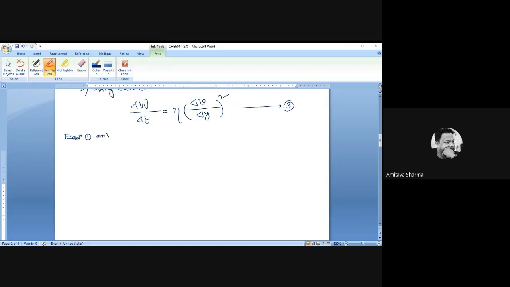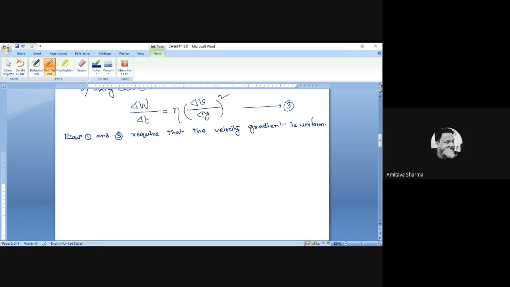Equation 1 and 3 require the velocity gradient to be uniform throughout the liquid.